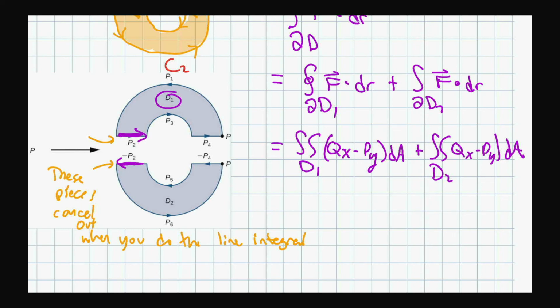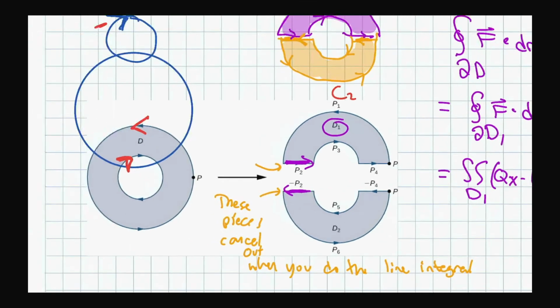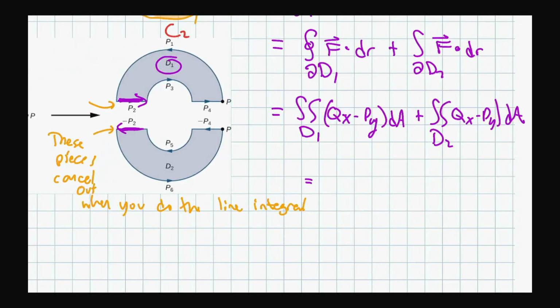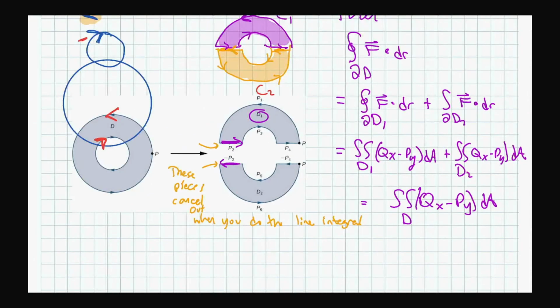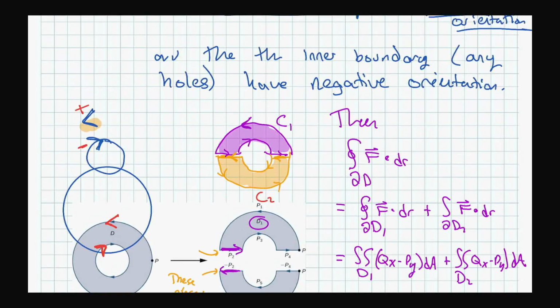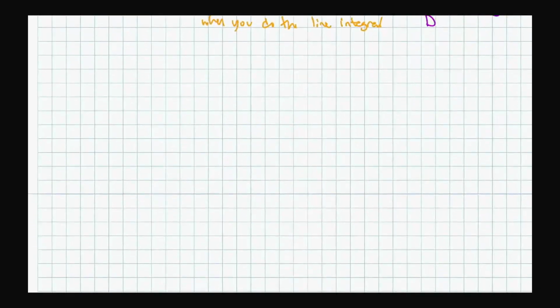And then you realize that these two double integrals just add up to the double integral over the original shape. So technically what happens is that you can just apply Green's theorem like normal, as long as the boundary is oriented the way they say. So that's the punchline. So let me write that.